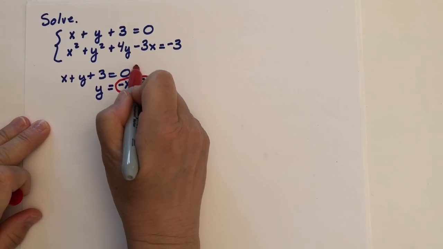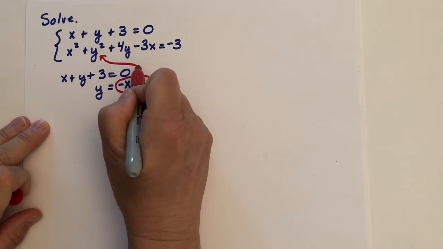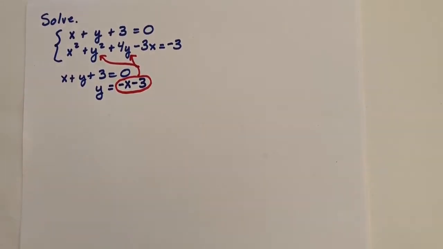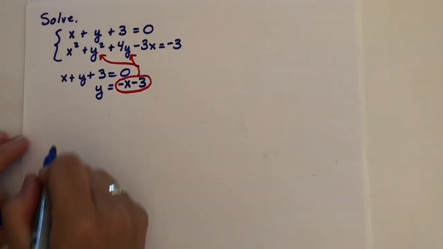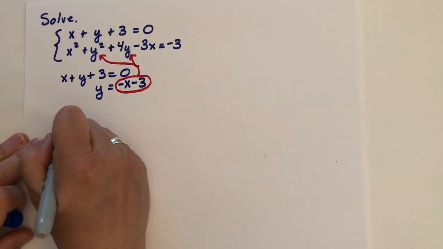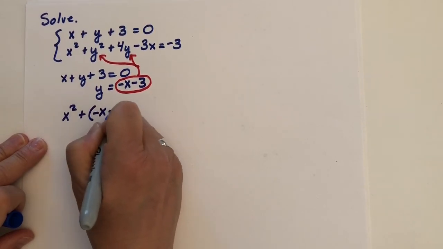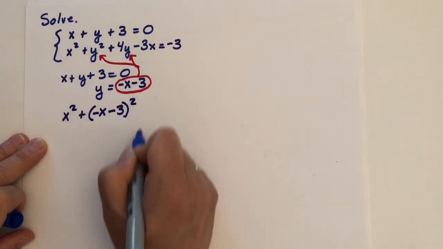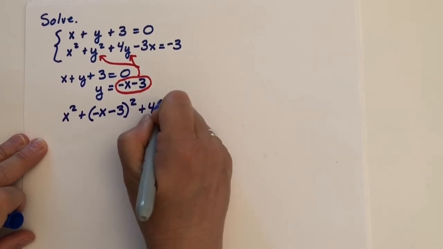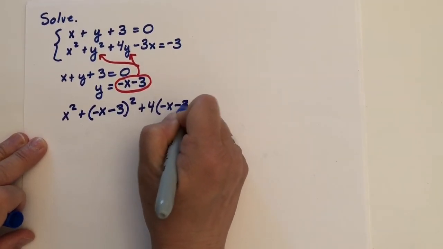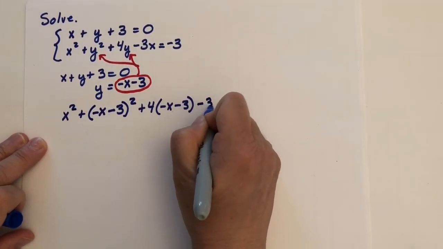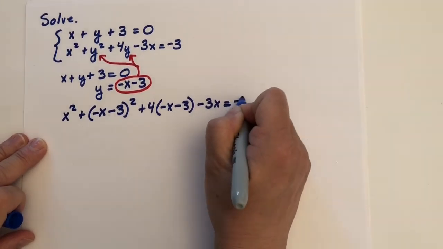So it will go right here and right here as we make that substitution. So we have x squared plus negative x minus 3 squared plus 4 times negative x minus 3 minus 3x equals negative 3.